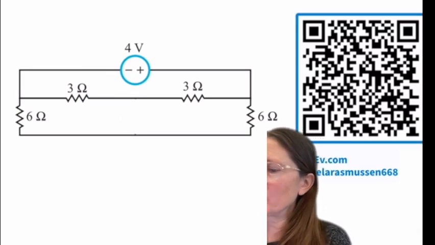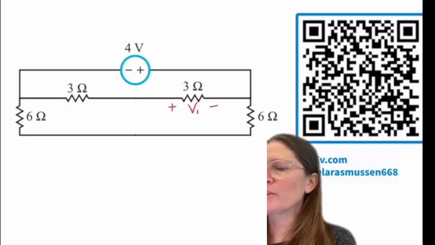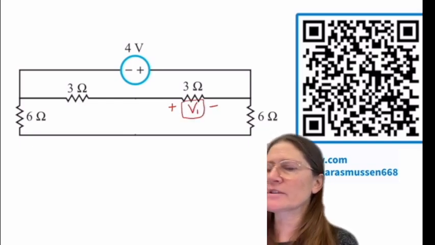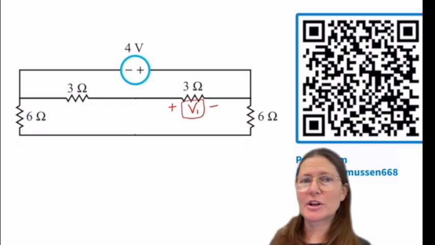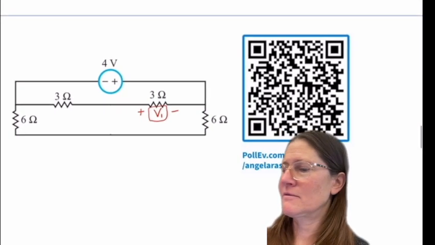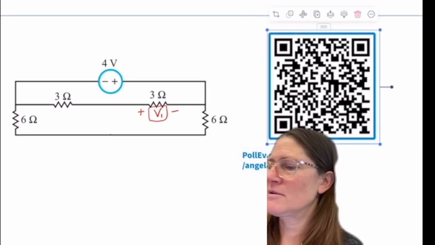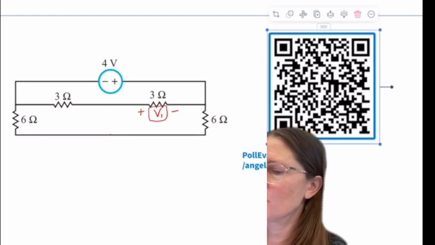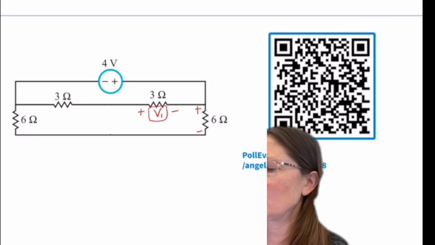So first, let's find plus, minus. I'm going to call this V1, the voltage that goes across this resistor here. And then we're going to find, do it this way, plus, minus, I'm going to call this V2.